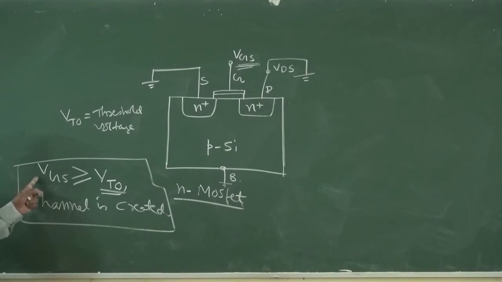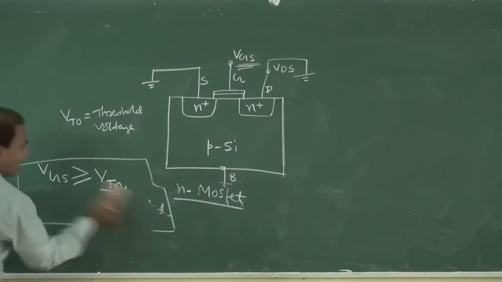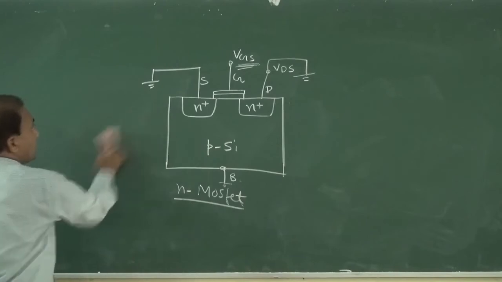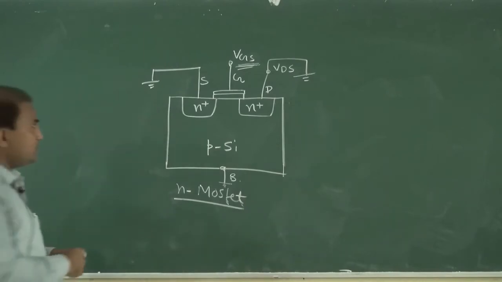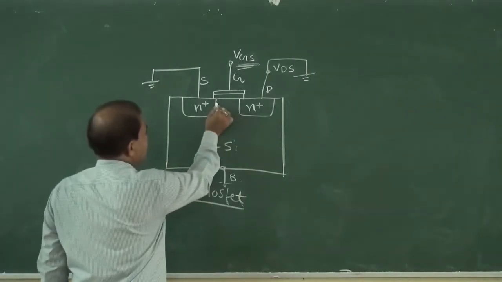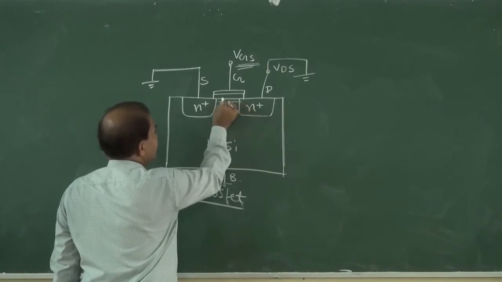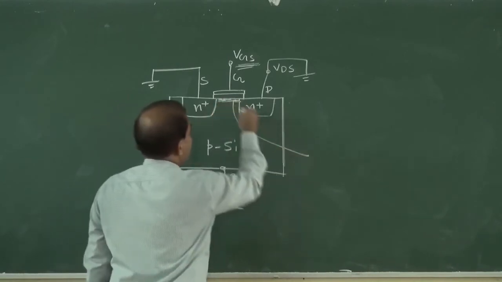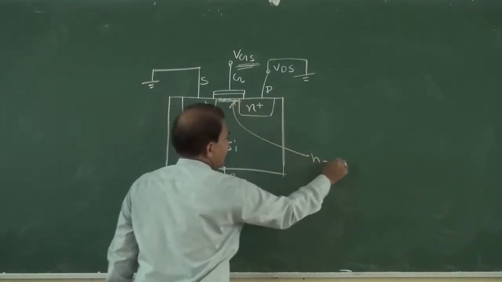So VGS has to be more than or equal to VT naught in order to create the channel. After creation of the channel, suppose the channel is created like this. This is the N channel.